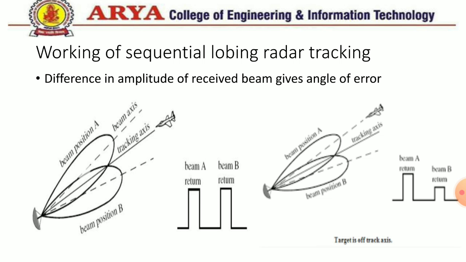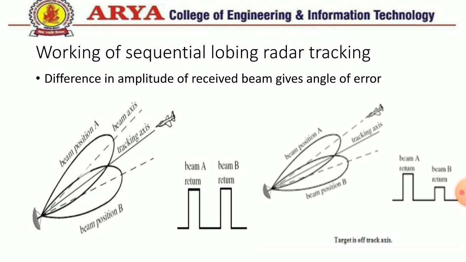One can easily understand that the object orientation is inclined towards beam A with respect to beam B. So when you receive the amplitude, beam A has higher magnitude than beam B, and beam B has lower magnitude.